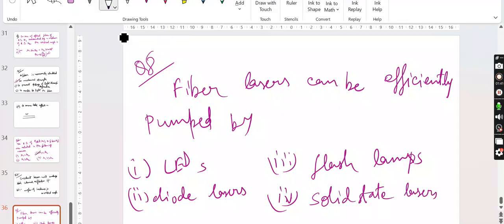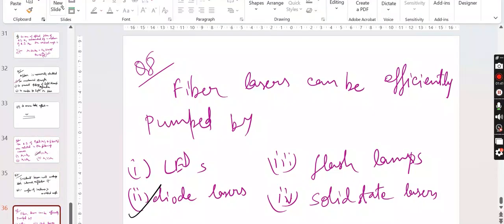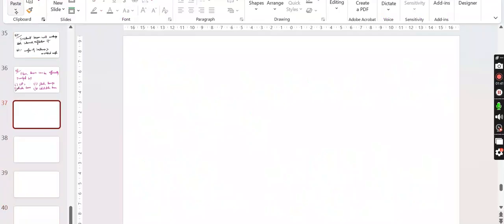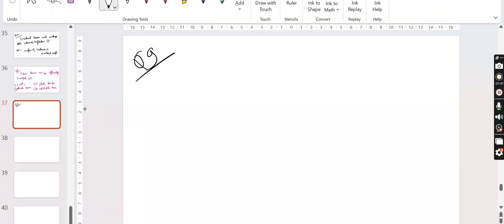We have already discussed that only after the invention of diode laser, fiber lasers have seen their proper glory. So only the diode lasers can couple the light in a pumping mode efficiently for the fiber lasers.